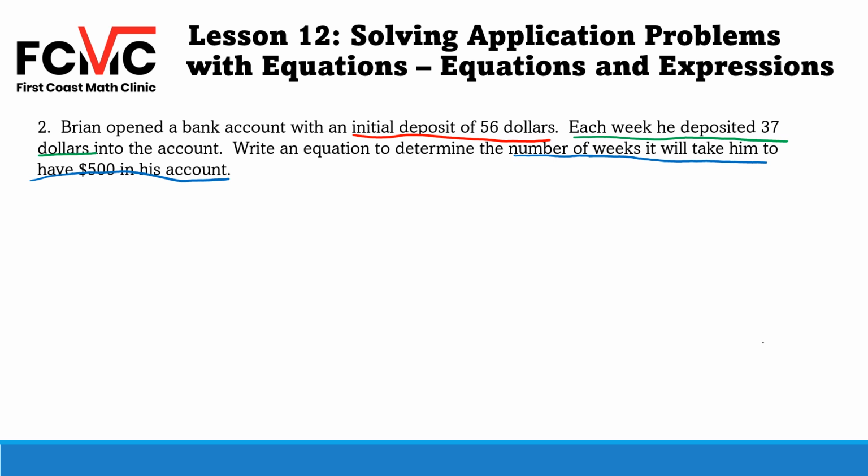So we want to determine the number of weeks it will take him to have $500 in the account. So what's our unknown, or what's our variable? It's going to be W, the number of weeks. So that's our unknown. And let's think of our information, right? So we start with our initial deposit, the amount we start with, and we add our deposit each week.